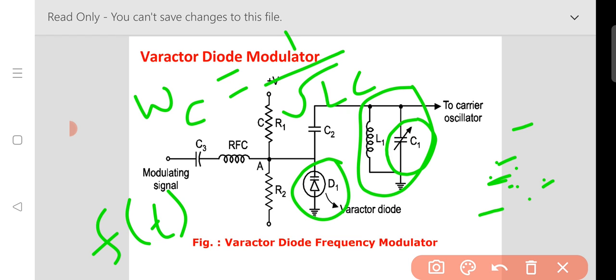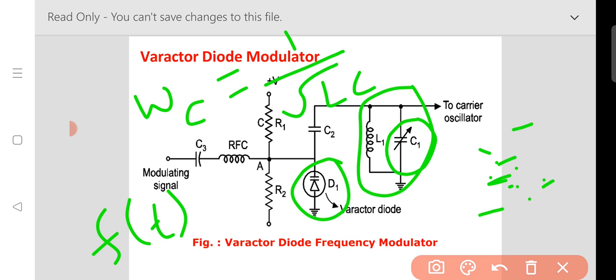Just remember this variable capacitance: for any LC circuit, you shunt a capacitor, and if that capacitance varies with respect to the voltage, then it is called a variable capacitor.